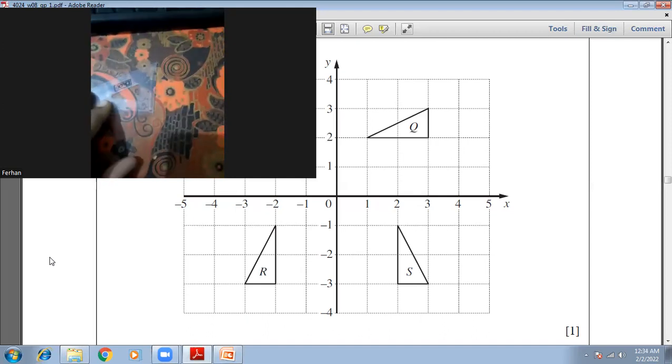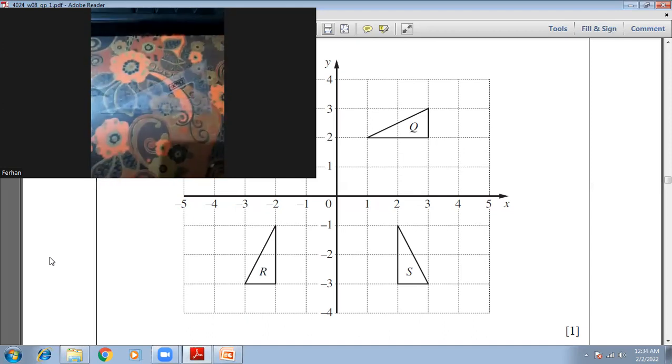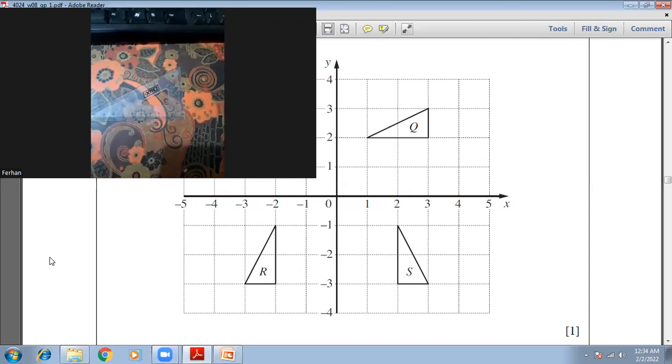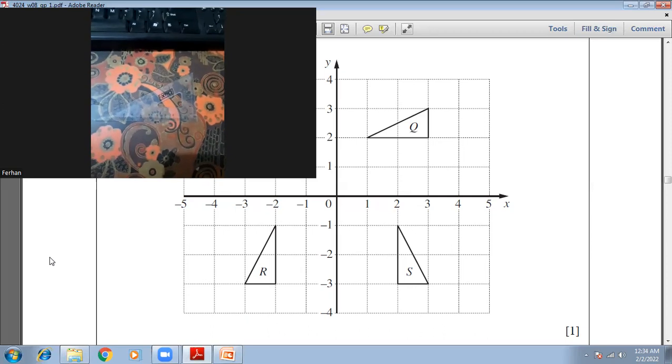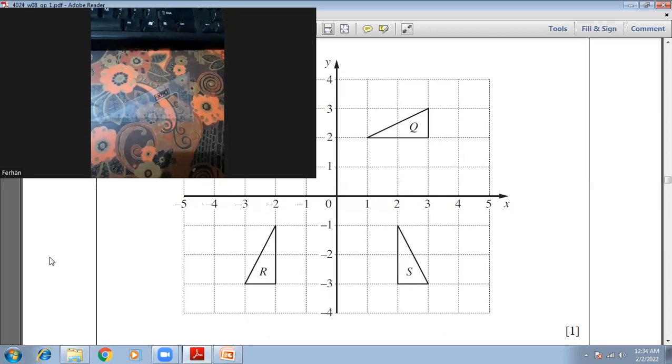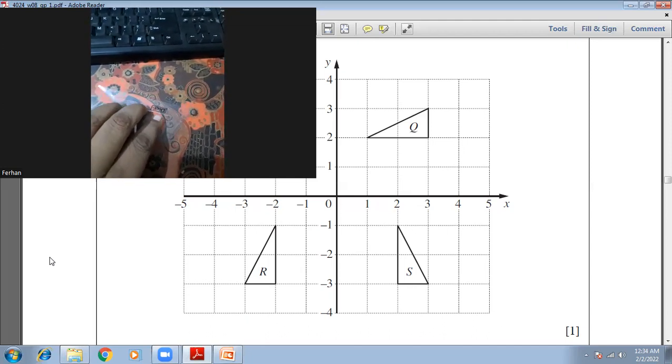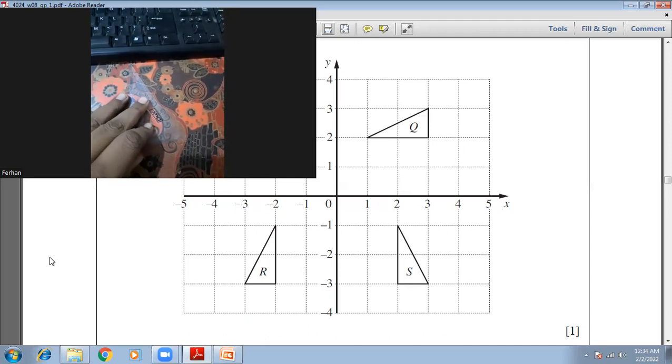You can see here I have a set square. Now it's exactly like Q. It's matching with the Q. The set square is exactly in the position like the Q. Now just rotate it.